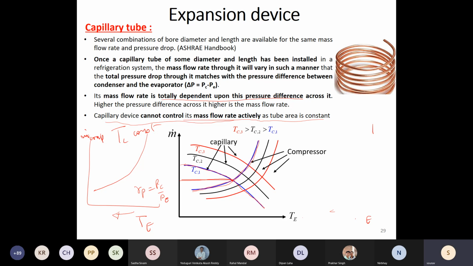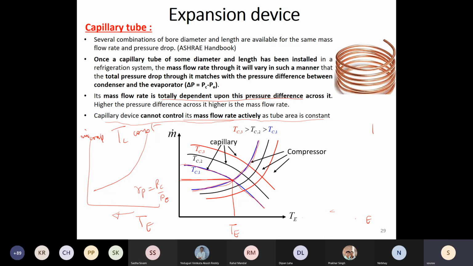Either you solve it mathematically or this is the graphical solution. So you will get this point as your balanced condition, the balanced evaporator temperature for a particular capillary tube and whatever compressor you have sized.